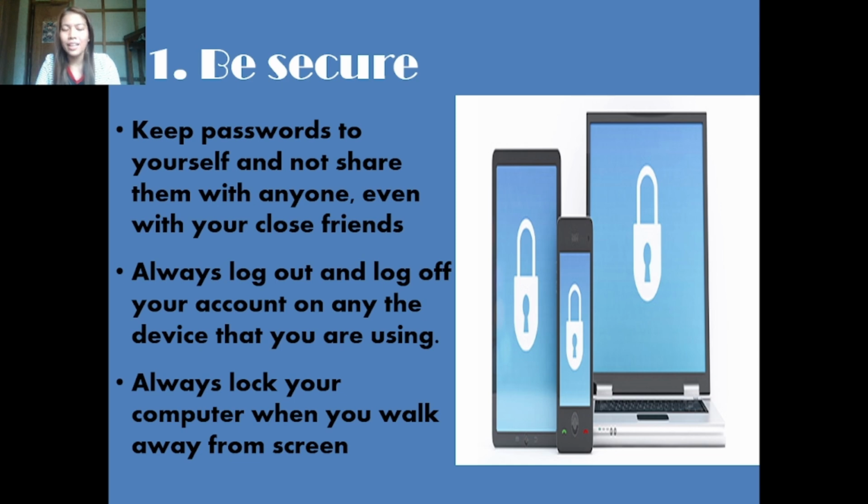Do not forget to log off. Next, always lock your computer when you walk away from the screen.